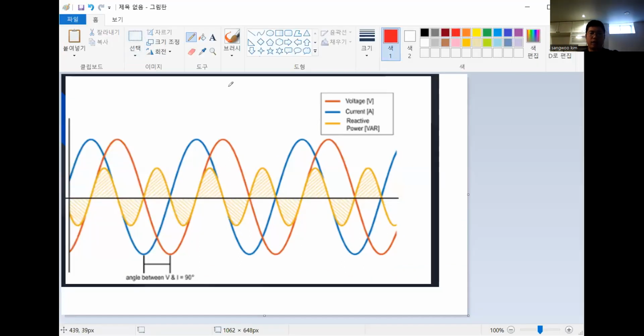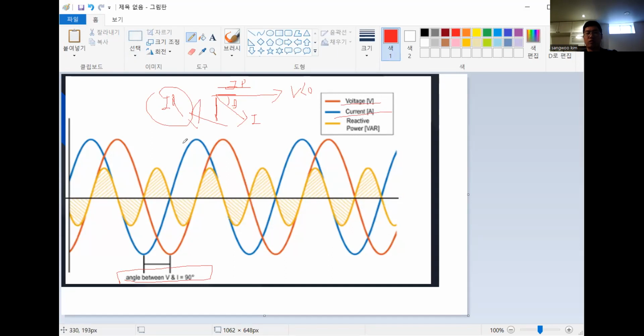I said we put V here, and I is here, right? But between them there's a theta. But we want to know this IQ part, right? And this part is the IP part, right? So between them there's 90 degrees.